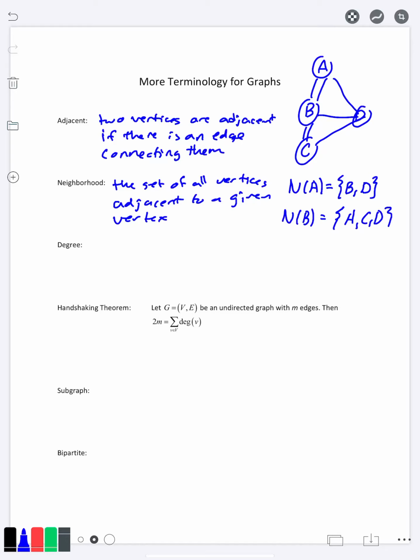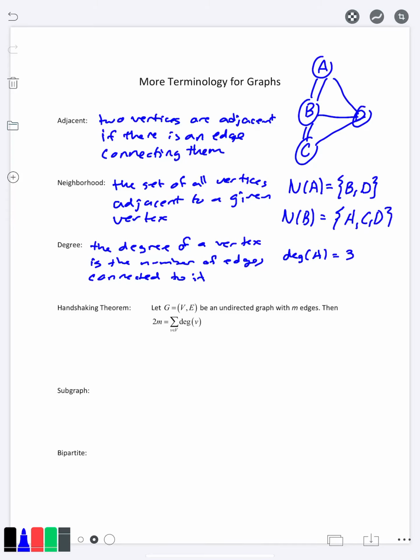Finally, the degree of a vertex is the number of edges connecting to it. So up here in the same graph, the degree of A would be 3.